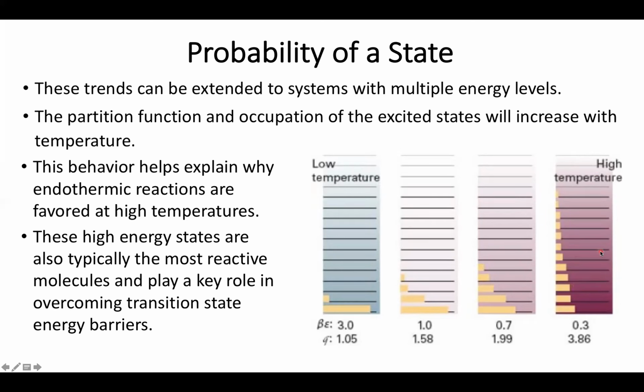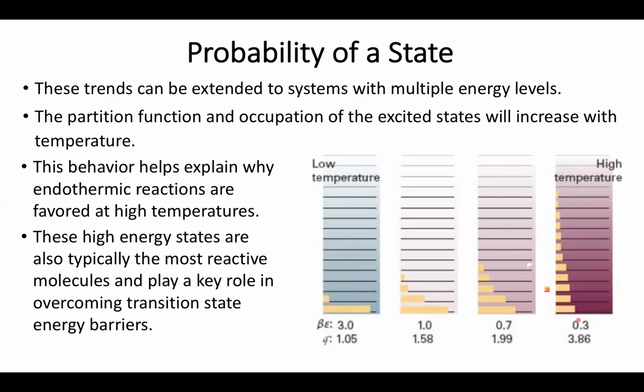Similarly, this is going to be the almost exclusive driver of why temperature increases reaction rate. So if I have, say, an energy barrier at about this energy level, sitting at about here, at low temperature I'm really not going to be able to get any states that surpass that activation energy.